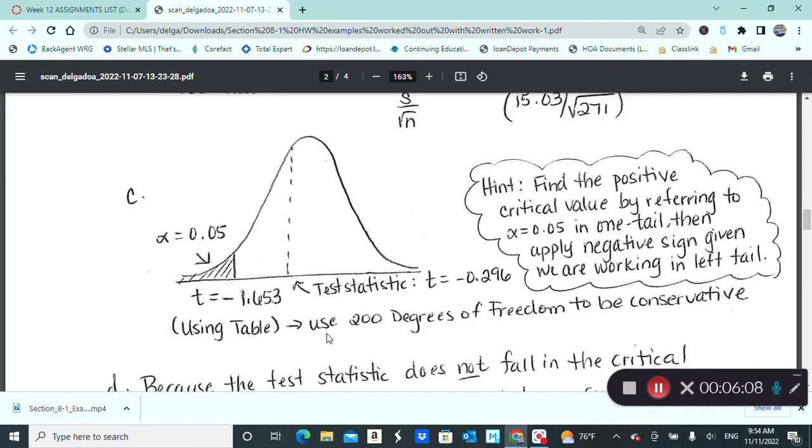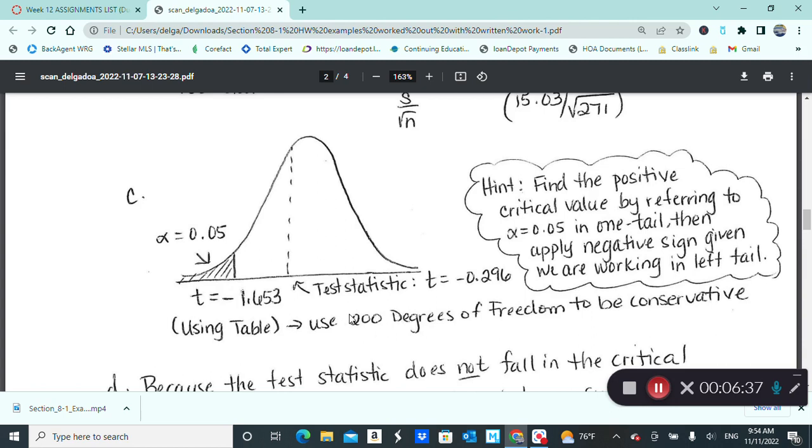Well, we use the t-distribution table, and there are no rows for exactly 270 degrees of freedom. So we have to use the next conservative available value, which is 200 degrees of freedom. It's best to always go down to the next available number than to round up, because you're making some assumptions about having a larger sample size than you actually have when you round up.